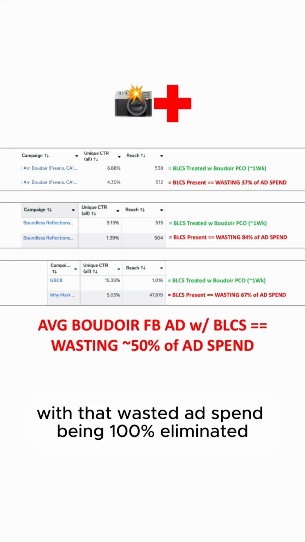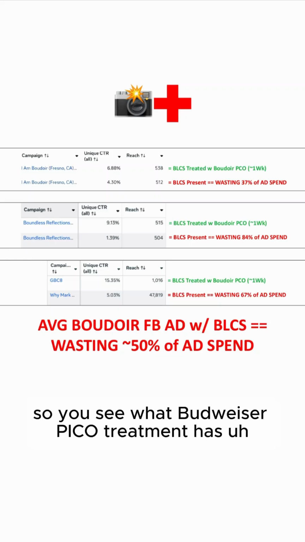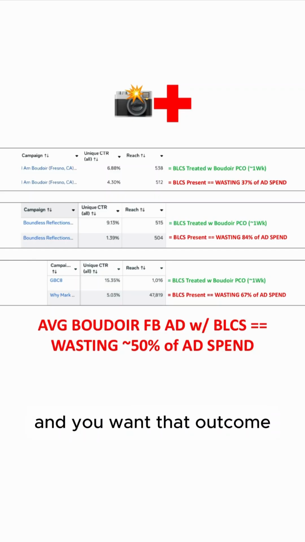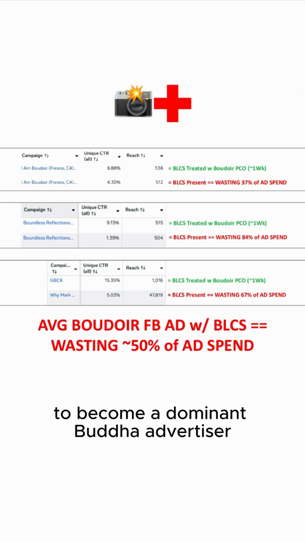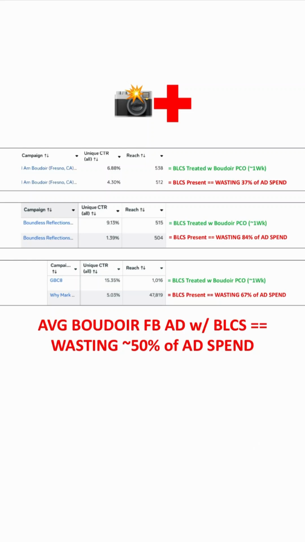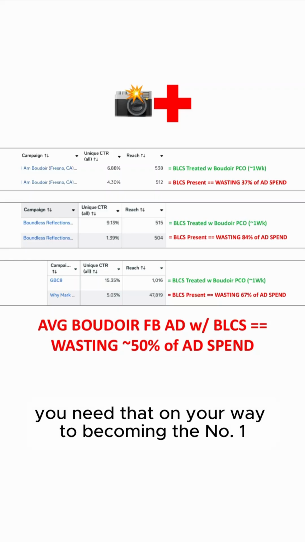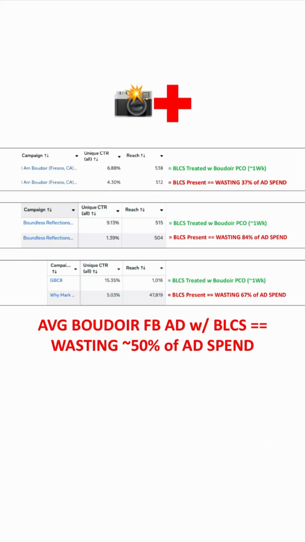With that wasted ad spend being 100% eliminated, you don't have to spend it, you keep it. You want that outcome because you want to achieve pre-click alignment to become a dominant Boudoir advertiser, to have Boudoir brain entry boost, because you know you need that on your way to becoming the number one boudoir photographer in your city.